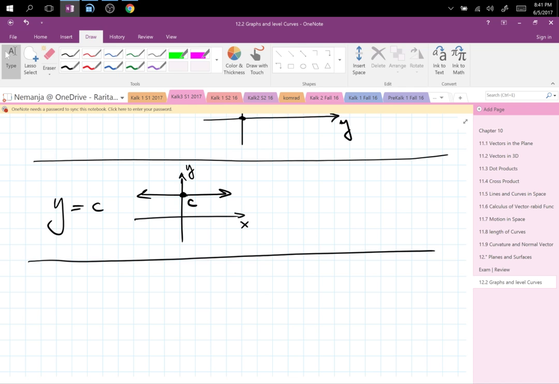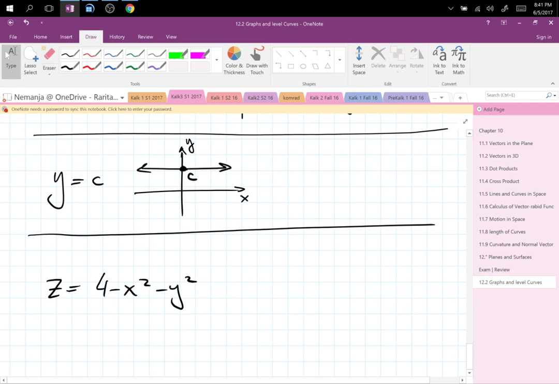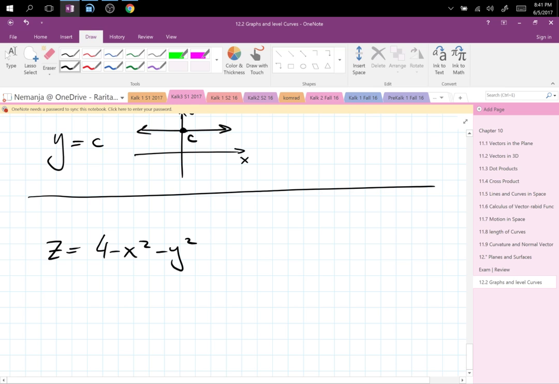So let's see an example. Earlier, I had z equals 4 minus x squared minus y squared. So I already did z equals 0, which gave us eventually x squared plus y squared equals 4. And we know that's a circle with radius 2.